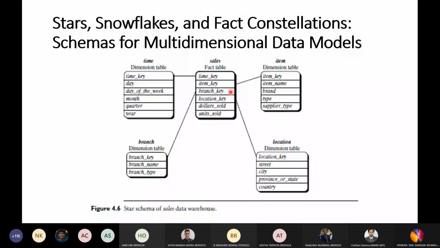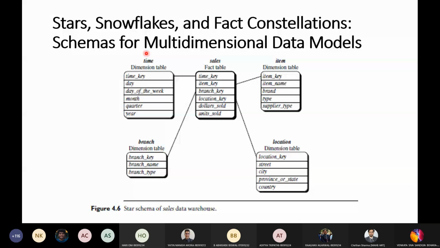The next is snowflake schema. This is nothing but a variant of the star schema. The only difference is a few of the dimensional tables are normalized. Since normalization is taking place here, you can see that the data is further split into additional tables.